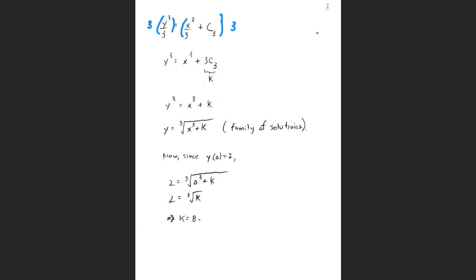I'll get to that, what that k is. Good question. So the 3 distributes on both of those terms, meaning on the right side, I have x cubed plus 3 times c3.